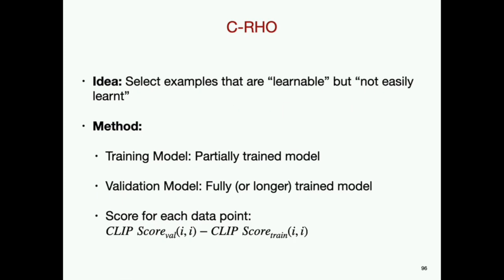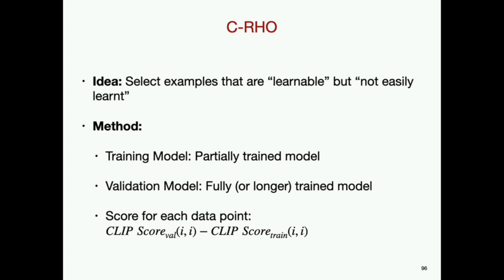And the third baseline we have is called CLIP score with a reference model. The key idea here is that you want to select examples that are learnable but not easily learned. The way they do it is that you have some partially trained model, which let's call the training model, and you have a longer trained model, which we'll call the validation model.